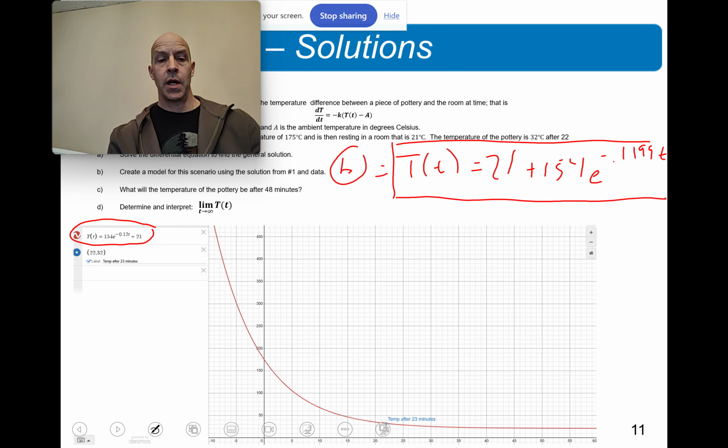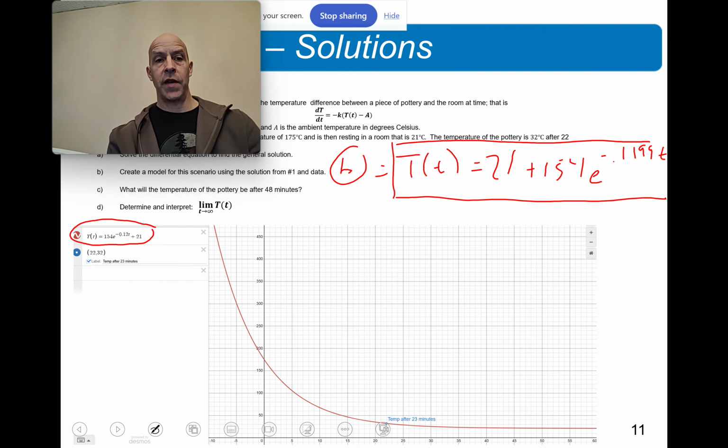So I'm going to do negative A x, and we're going to adjust our window appropriately here. So maybe I'll go out to 50 and up to 450. I'm going to hit graph, and so my graph on my calculator is similar to the graph here. I'm going to double check that at time 22 we got 32, and it worked.